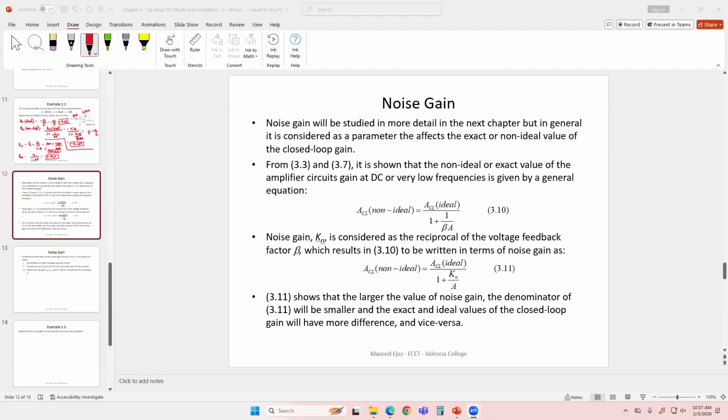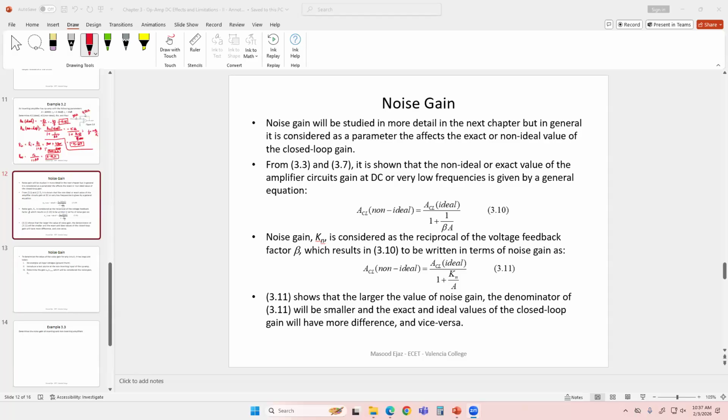As you will see in the next chapter, that's going to be very clear as to how it is affecting it. The non-ideal or exact value of the amplifier gain at DC or very low frequencies is given by this equation as we saw earlier. ACL non-ideal is ACL ideal over 1 plus Kn.